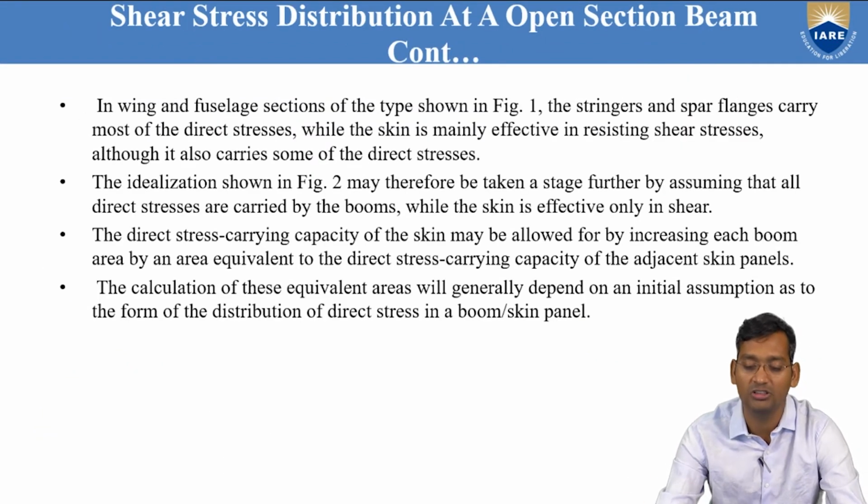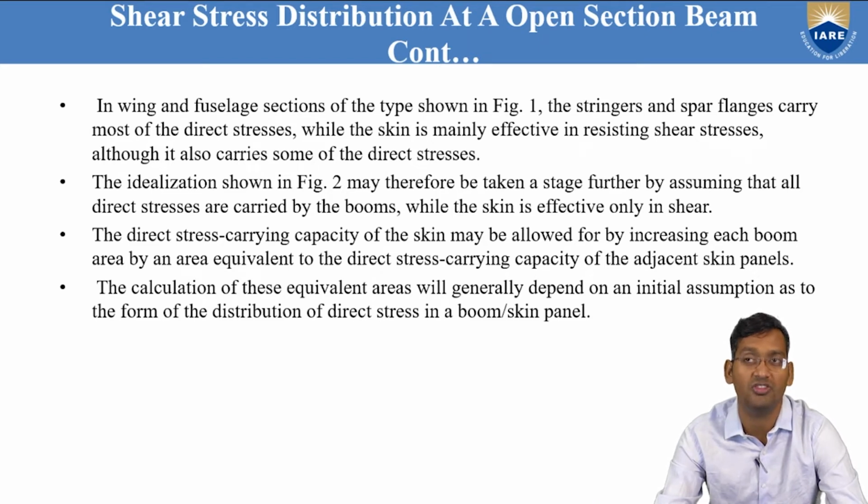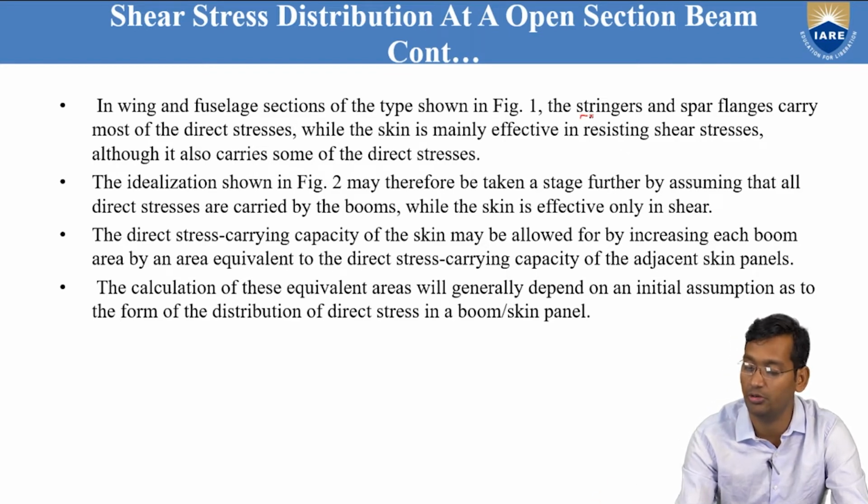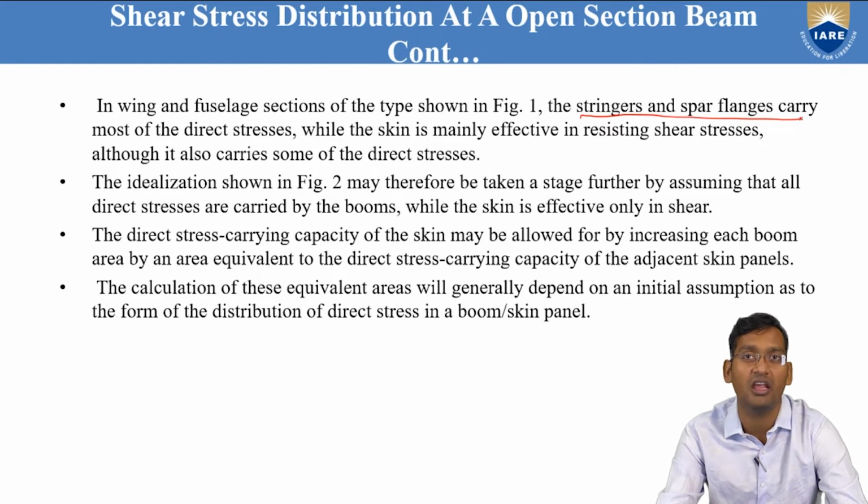Now, shear stress distribution. In wing and fuselage sections of the type shown in figure 1, the stringers and spar flanges carry most of the direct stresses, while the skin is mainly effective in resisting shear stress.